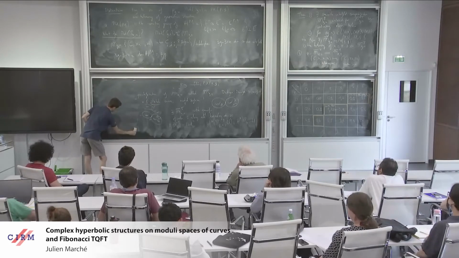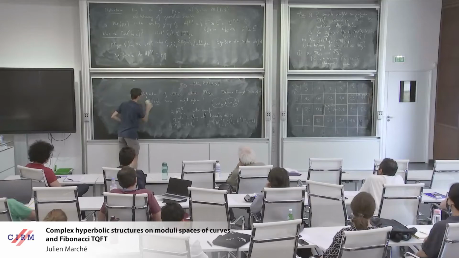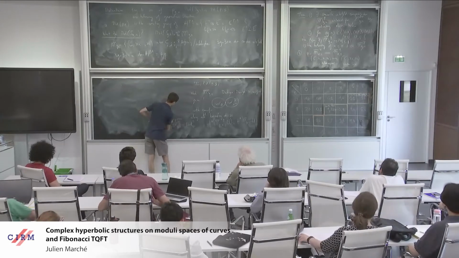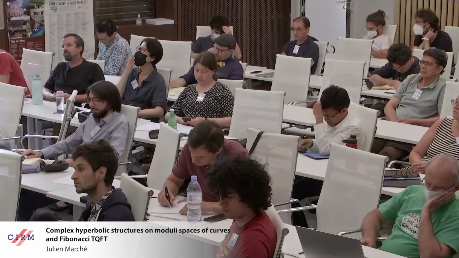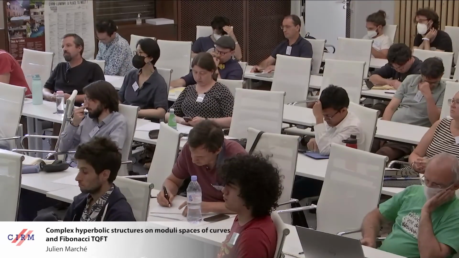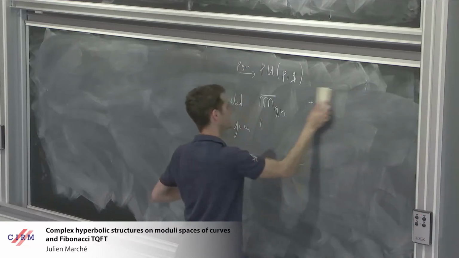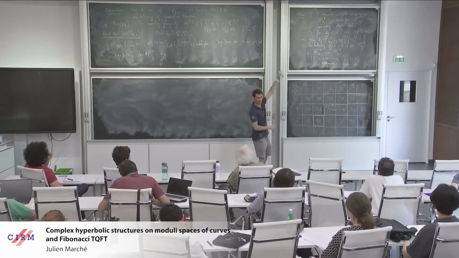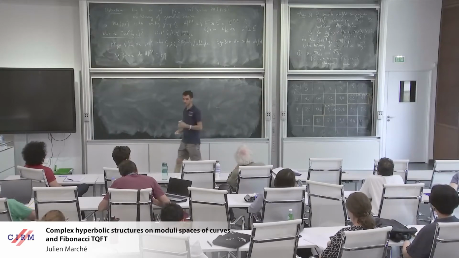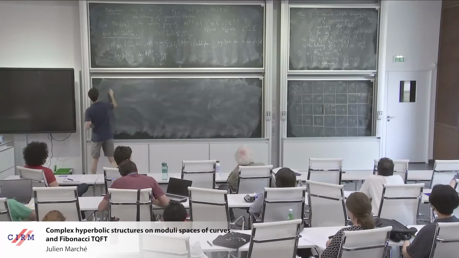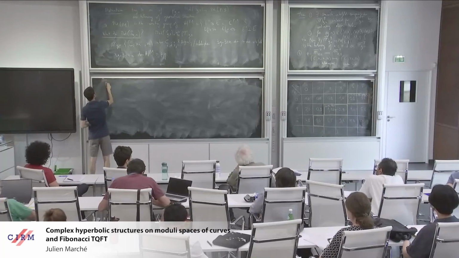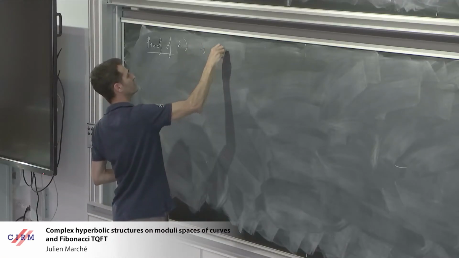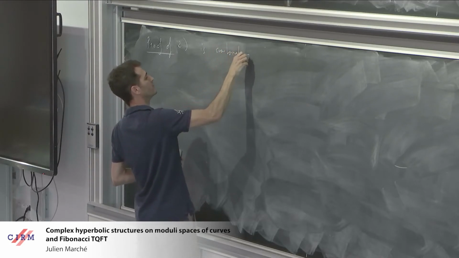Okay. And let me now explain how we can prove this. Well, I will not give you a proof, but at least the proof of point number 2, which is maybe the most interesting, is a combination of two tools.